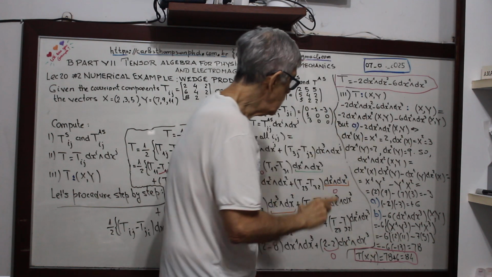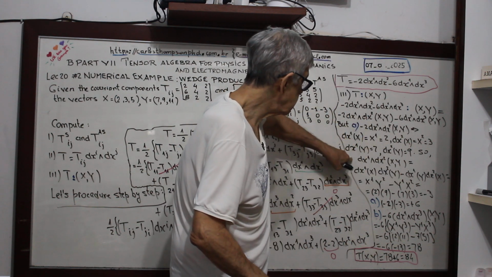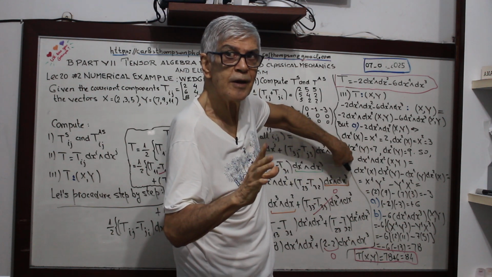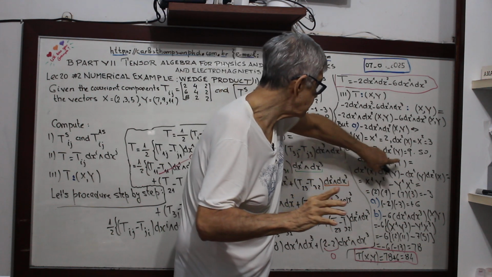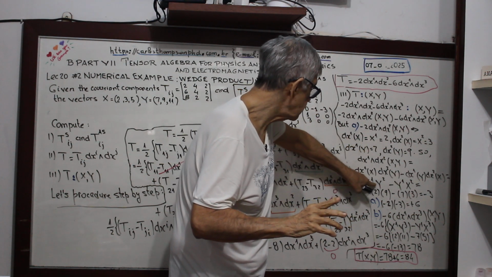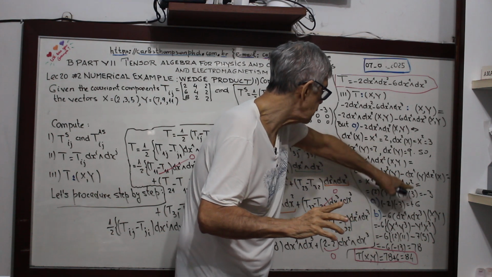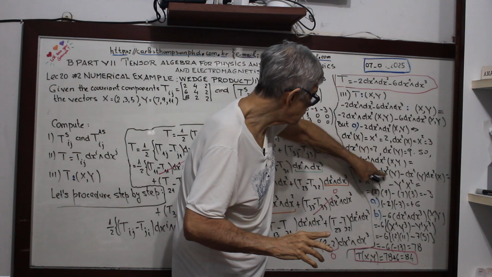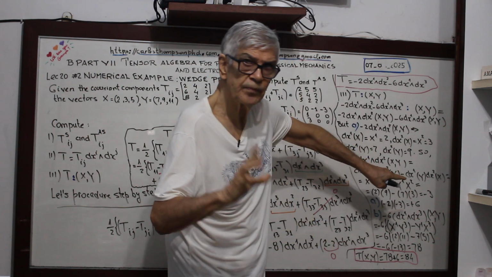Now, attention. Here, do remember the determinant. I can write this as a determinant. This will lead to x1 y2 minus y1 x2, because I have dx1(x) dx2(y) minus dx1(y) dx2(x), the determinant.